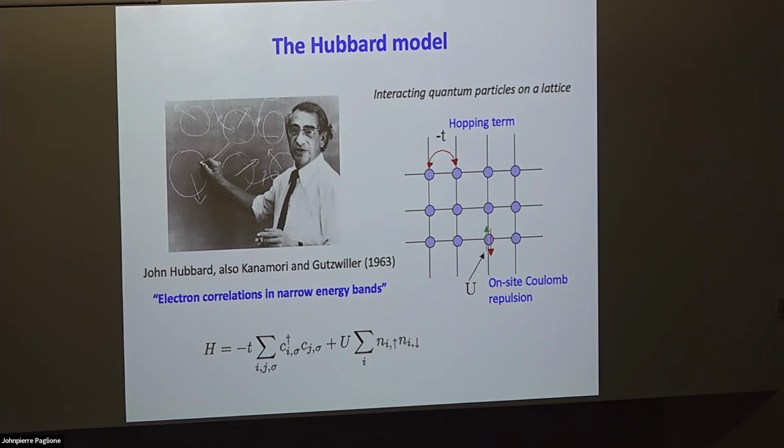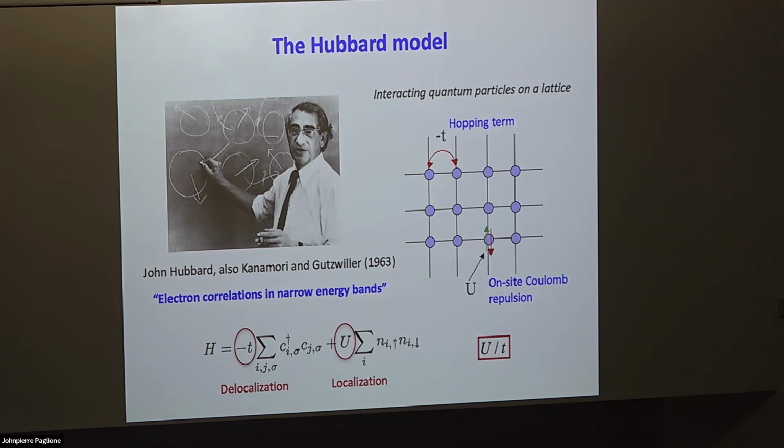If you happen to find two electrons on the same site, there is an energy penalty, U, because they repel each other and don't like to be on the same site. Of course, electrons really interact with long-range Coulomb interaction, but this is a very simplified approach to deal with the many-particle interaction in the system. So only two terms, the tunneling term and the on-site repulsion term, written in second quantization form like this for the Hamiltonian.